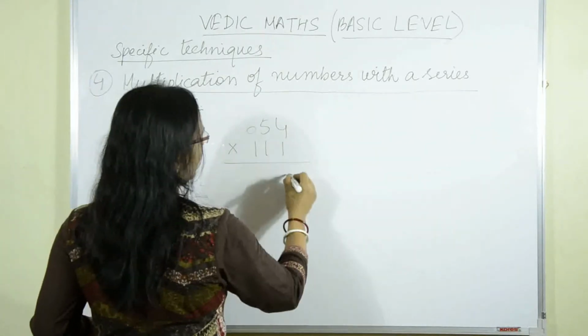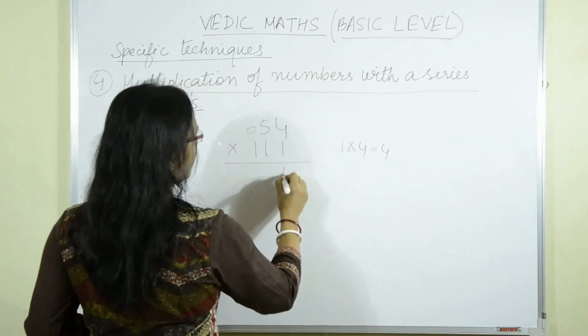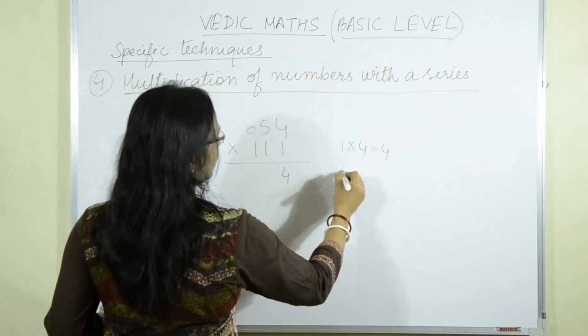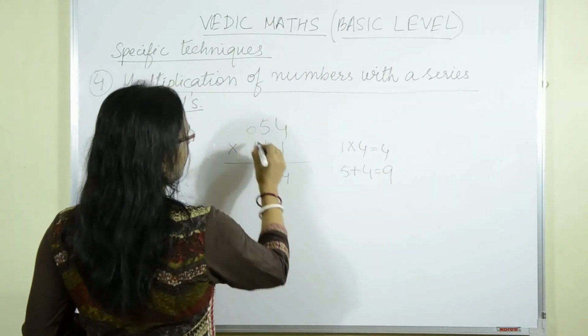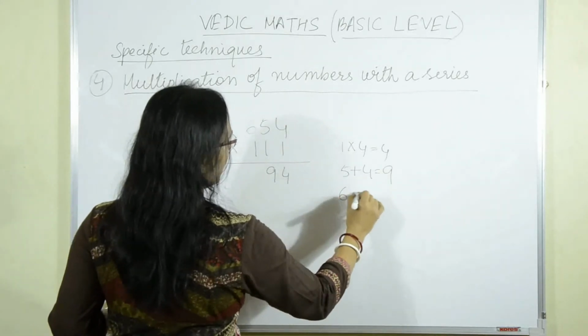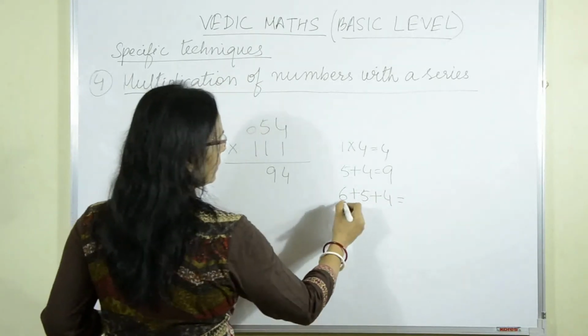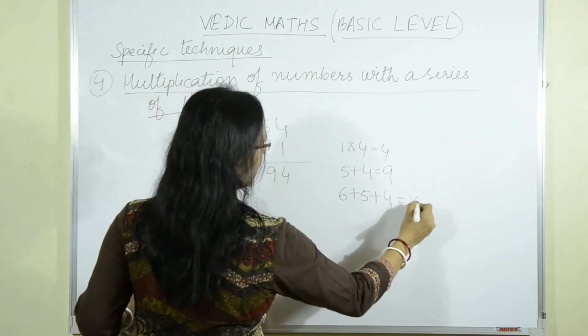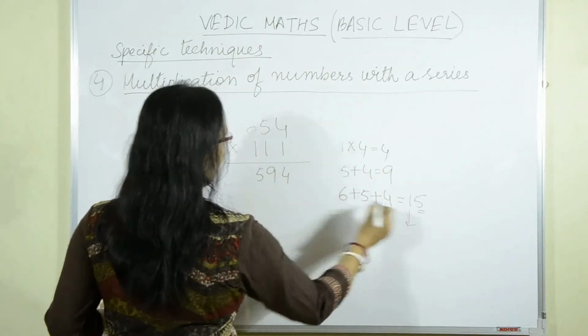First, I do 1 into 4, that becomes 4, I write it here. Second, I do 5 plus 4, that is 9, I am writing it here. Third, I am doing 6 plus 5 plus 4. Now this 6 plus 4 is 10, 10 plus 5 is 15. I write the 5 here, I carry the 1 to the next step.